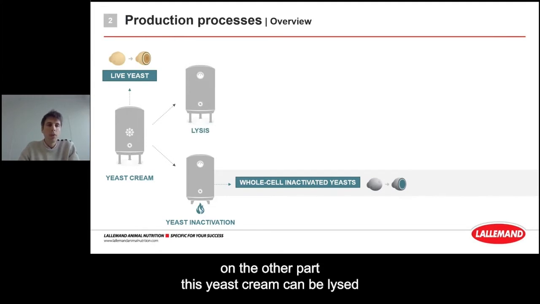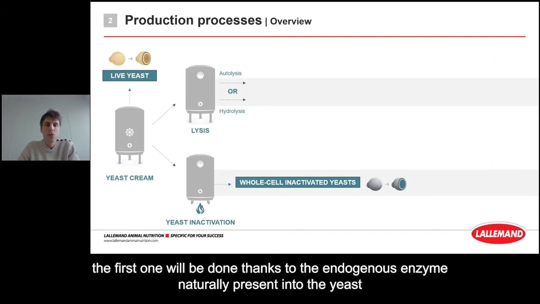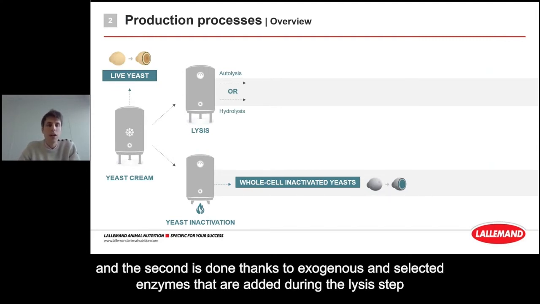On the other part, this yeast cream can be lysed either through autolysis or through hydrolysis. The first one is done thanks to the endogenous enzymes naturally present in the yeast, and the second is done thanks to exogenous and selected enzymes that are added during the lysis step.